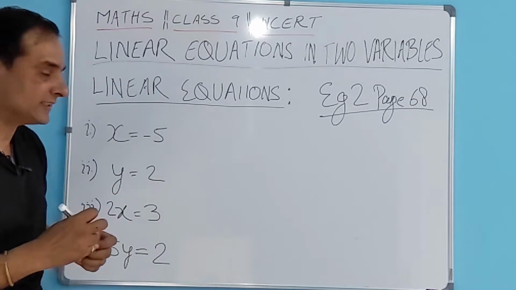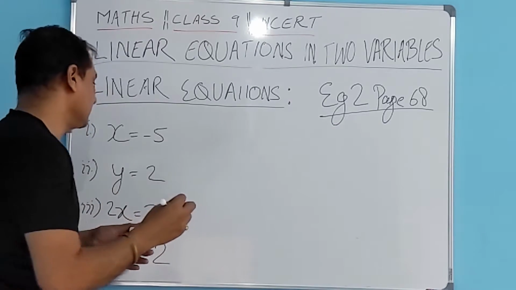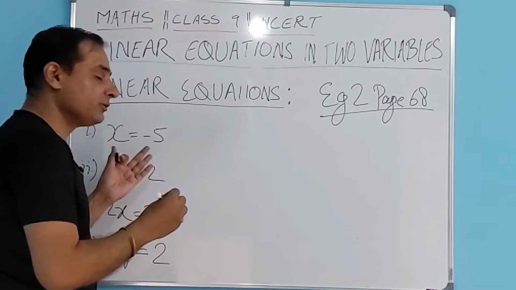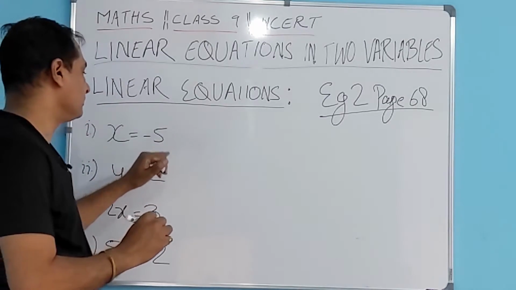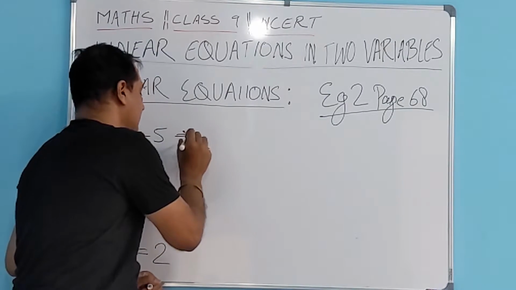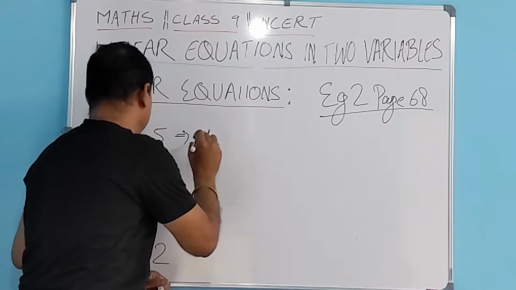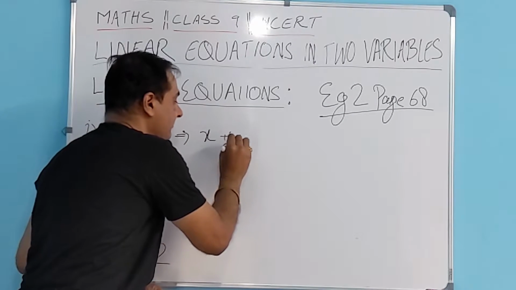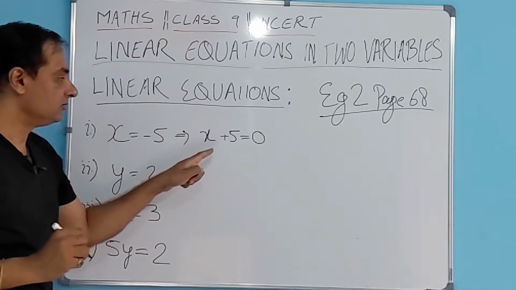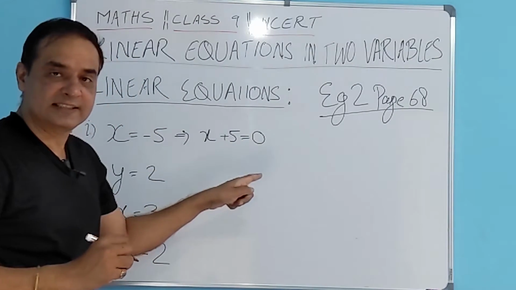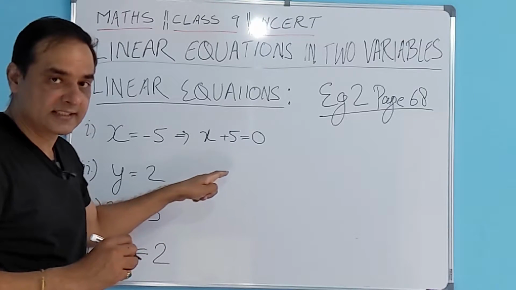So let's look at this. What do I mean? You'll understand that in a better way. So let's try the equations and then we'll go one by one. So let's look at the first one. X equals to minus 5. How we can write that? We can write that as x plus 5 equals to 0. Now, do you see there is any y variable over here in this equation?